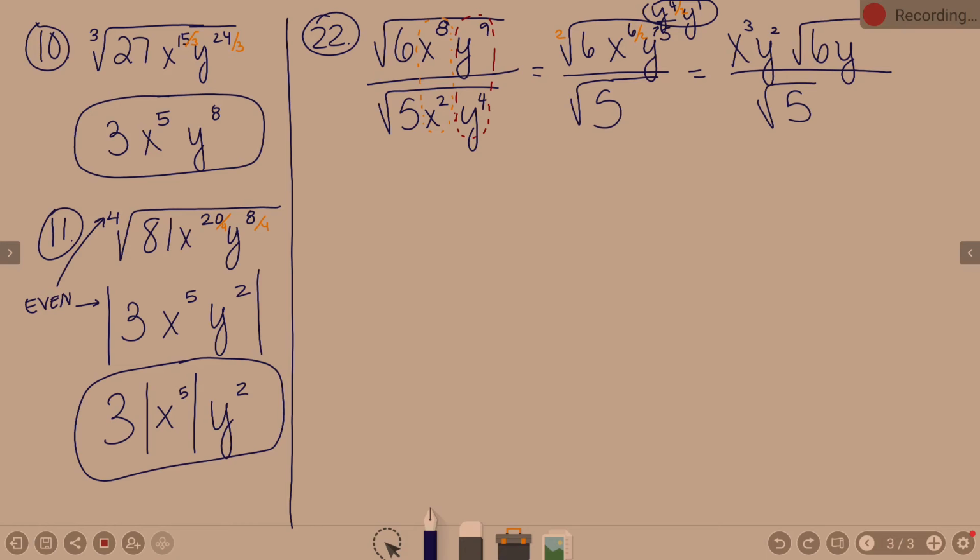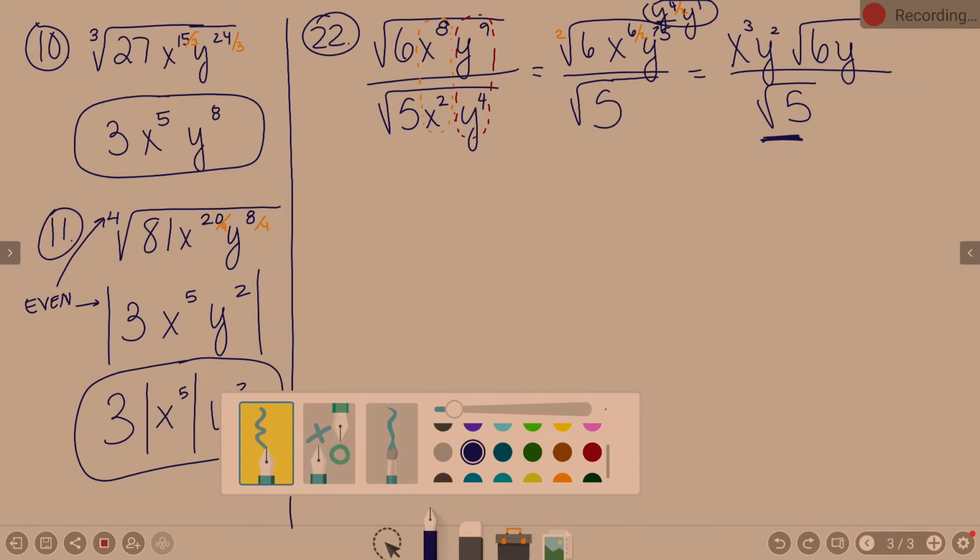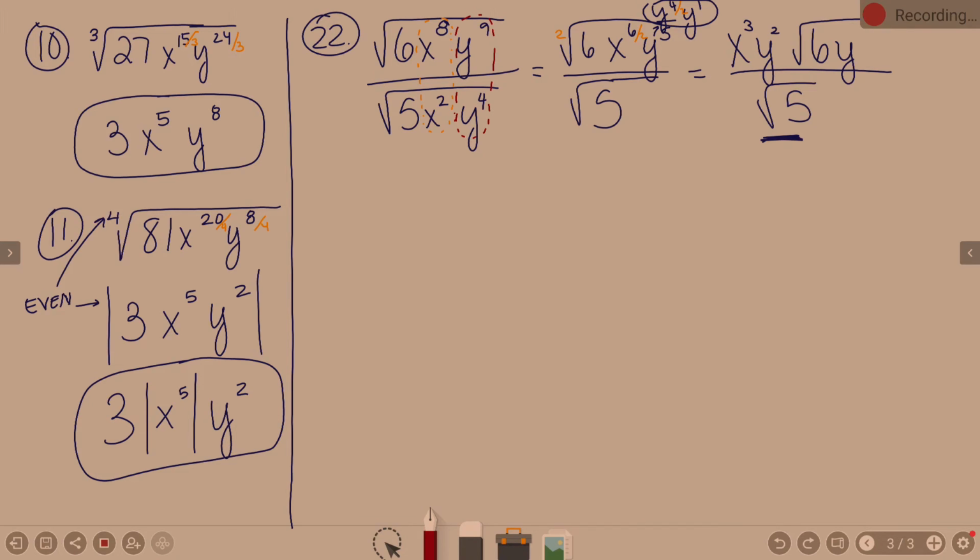And the issue is the square root of 5 in the denominator. How do I rationalize the square root of 5? And what do we multiply by here to cancel it out?